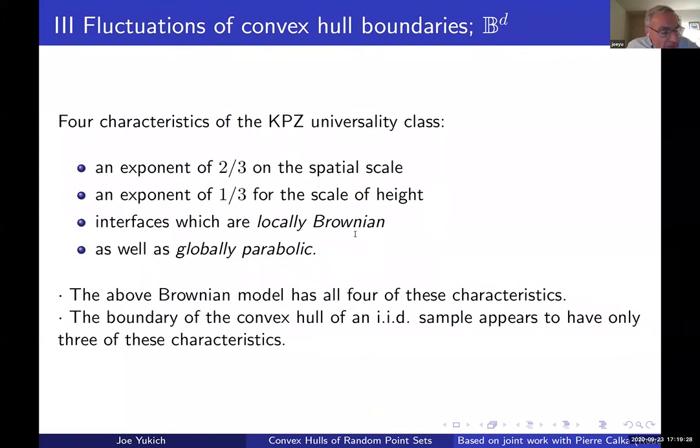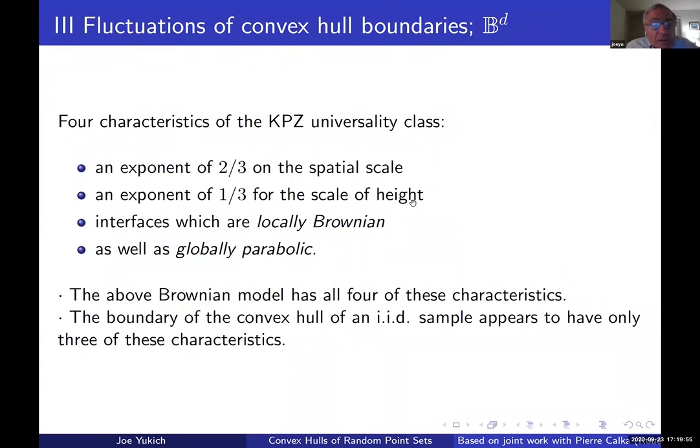This brings us to an interesting point, though, that if you consider the volume between the boundary of the convex hull and the sphere, this volume exhibits Brownian fluctuations.